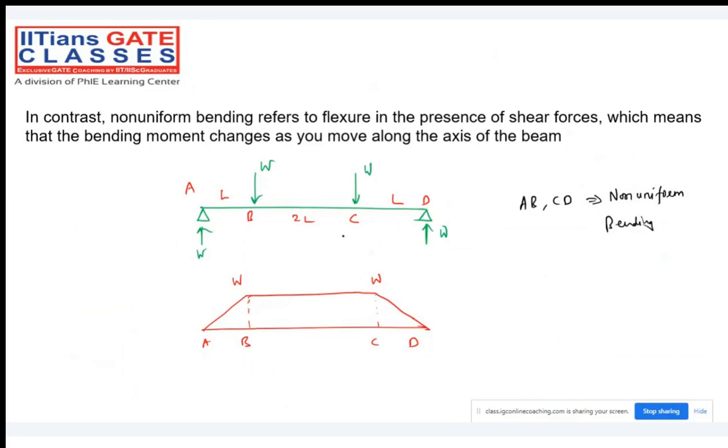Because if you draw the shear force diagram, you will get W, W, then minus W, minus W, between A to B, B to C, C to D. Between B to C, there is no shear force. That's why you have the constant and maximum bending moment. So B to C is called uniform bending.